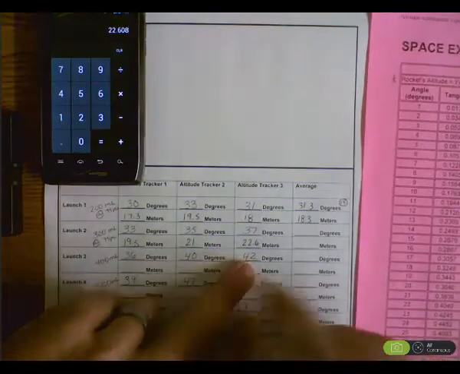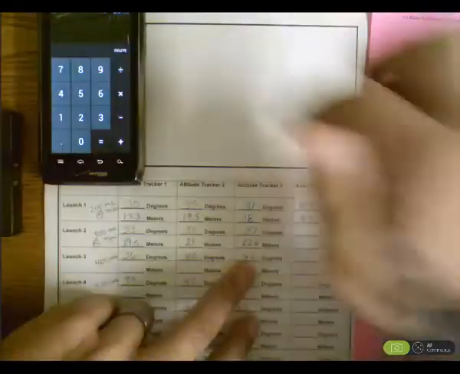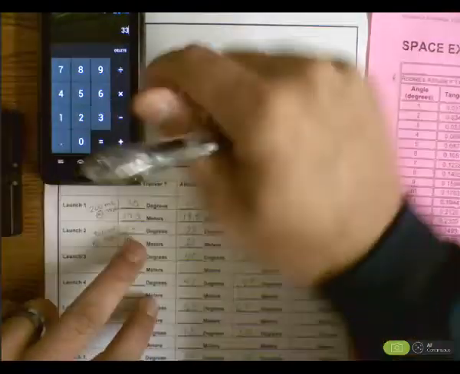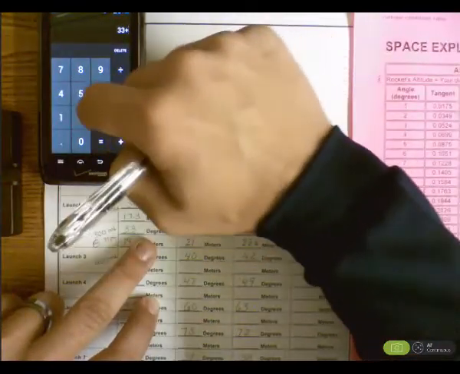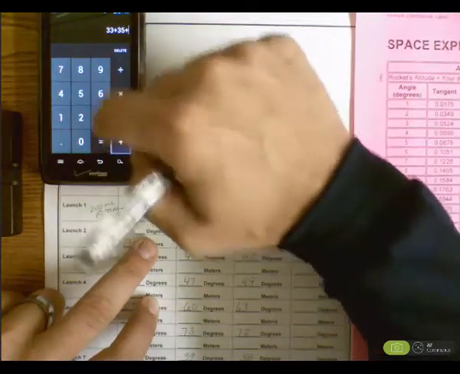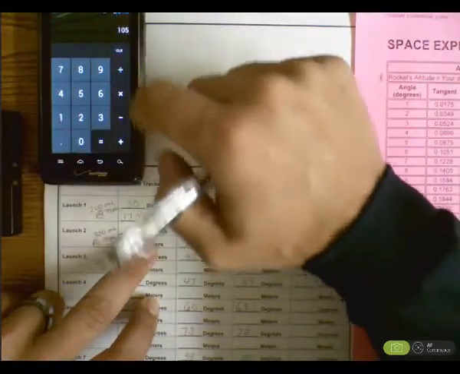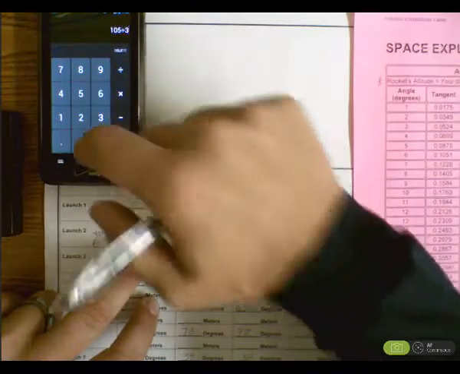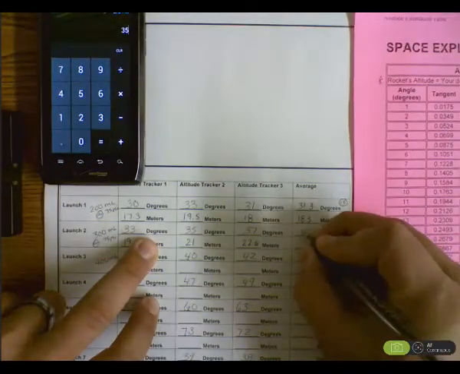Alright, so let's average out our degrees. 33 plus 35 plus 37 equals, divided by 3 equals 35.